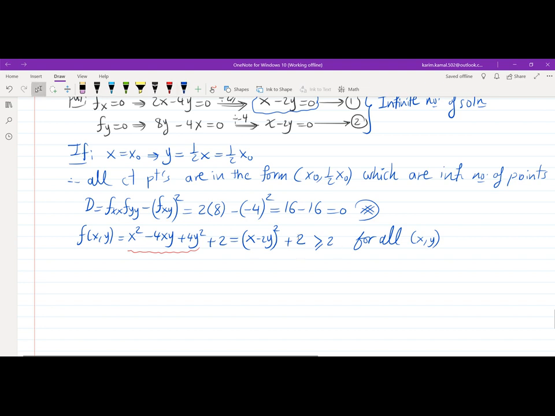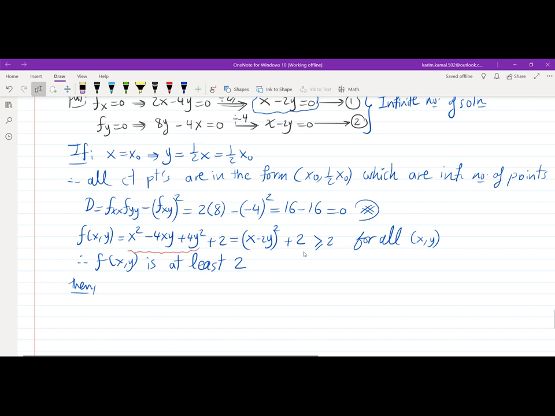Therefore f of x and y is at least 2. The minimum value is 2, and then we need to evaluate the value of the function at the critical points.